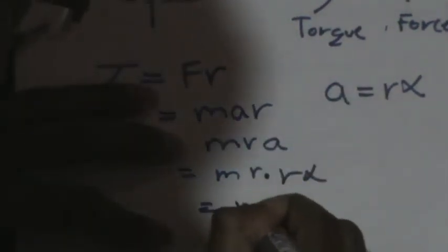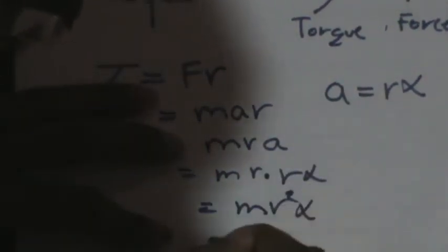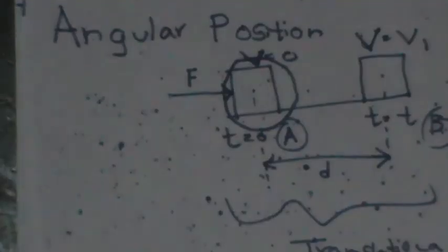So this is mR squared alpha. So take this on the side. So tau equals Fr, which is also equal to I alpha. So this is very important. So tau equals Fr and tau equals I alpha. This is very important if you are studying the net torque, and also if you are talking about the acceleration of an object due to some torque on that object.